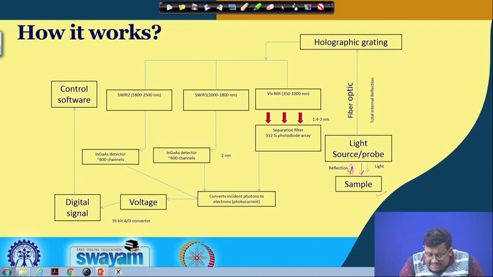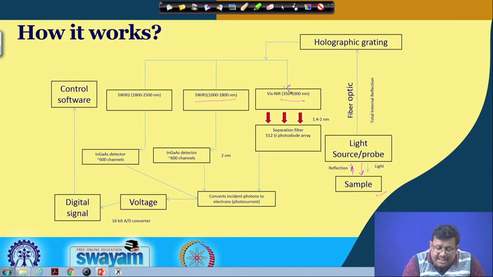This reflected radiation goes through a fiber optic cable to a holographic grating, which divides it into three different regions. One is the visible to near infrared region, from 350 to 1000 nanometers. Then short wave infrared 1, from 1000 to 1800 nanometers, and then short wave infrared 2, from 1800 to 2500 nanometers.